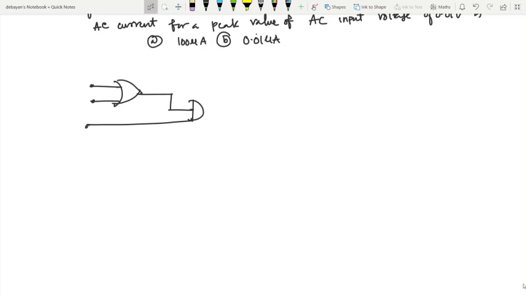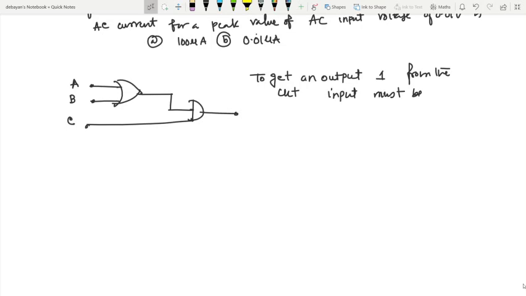A, this is B, this is C. So the question is to get an output 1 from the circuit, ইনপুটটা কি হবে?